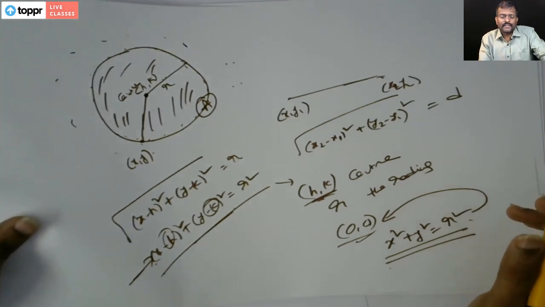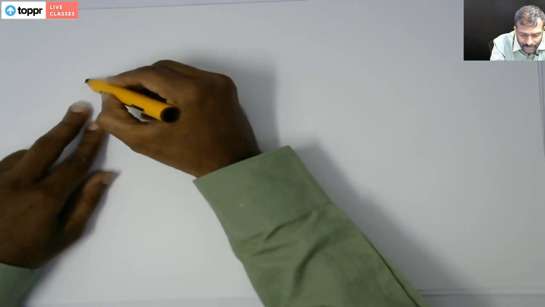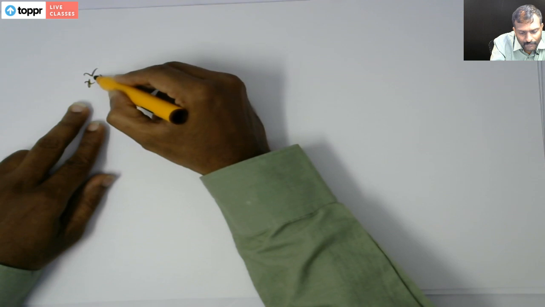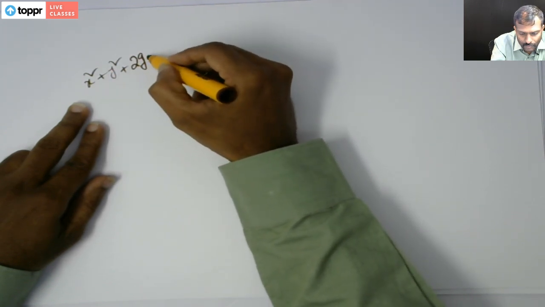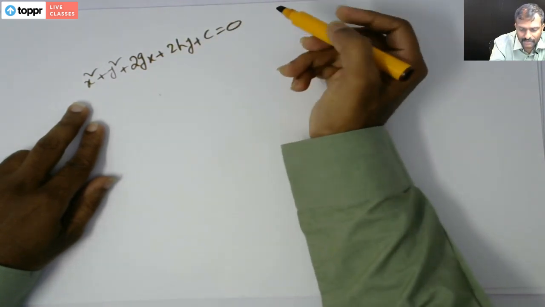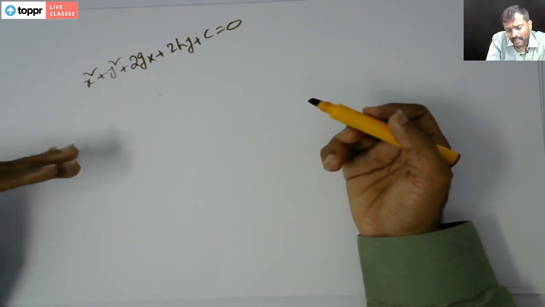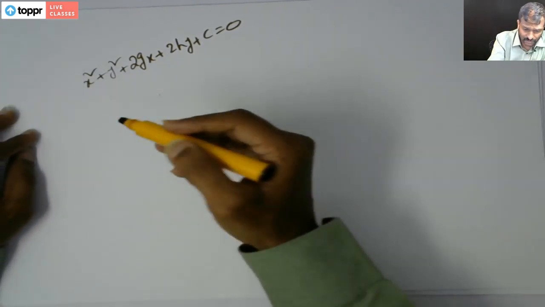Now there is another standard form of the equation of the circle, which we generally write as x square plus y square plus 2gx plus 2hy plus c is equal to 0. This is also an equation of the circle. So how is this an equation of the circle?